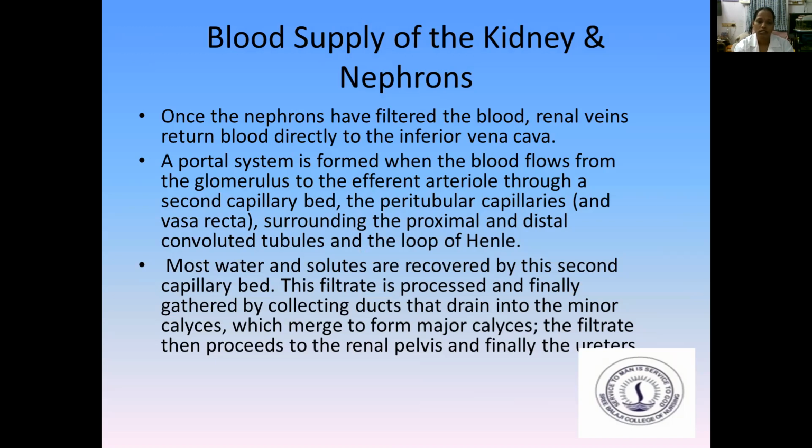So most water and solutes are recovered by this second capillary bed. This filtrate is processed and finally gathered by collecting ducts that drain into the minor calyx, which merge to form major calyx. The filtrate then proceeds to the renal pelvis and finally the ureters.